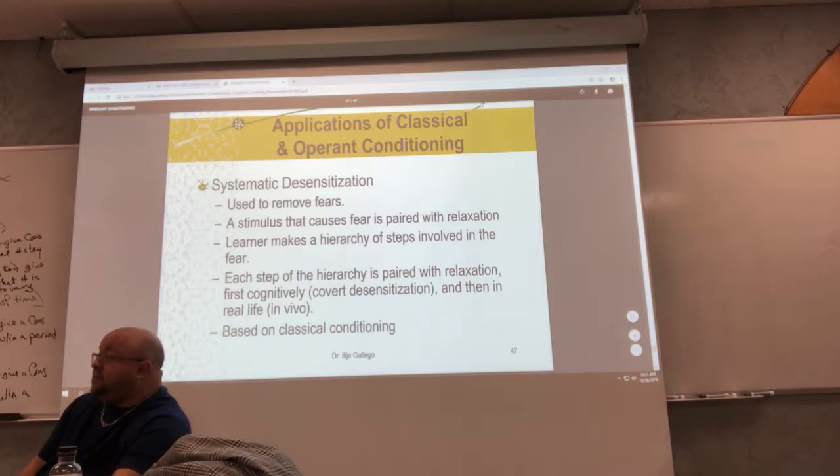So that will be a fixed ratio? It is a fixed ratio, but call it continuous. It's a fixed ratio, but it's 1, 1, 1, 1, 1, 1. So a continuous schedule is best to learn a response in the first place, and a variable ratio is best for keeping that response at a high rate.